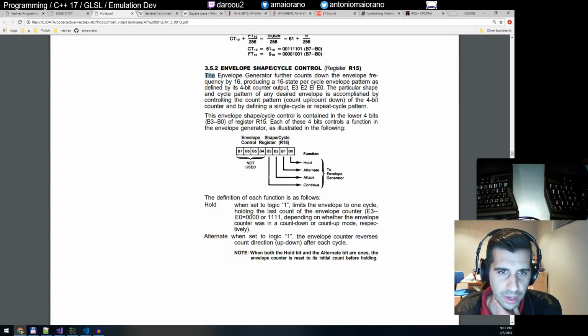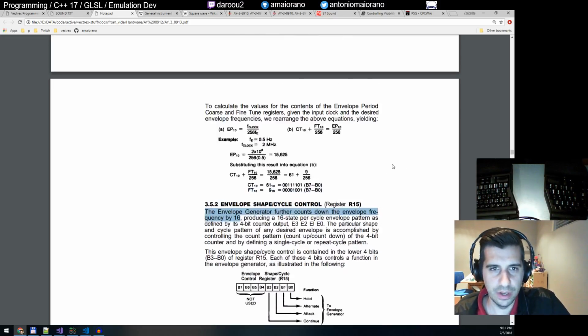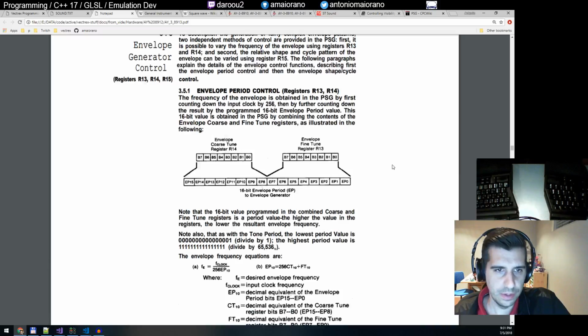I wonder if they do mean, though, that there's an extra divider here. See here. Oh no, look, this is interesting.